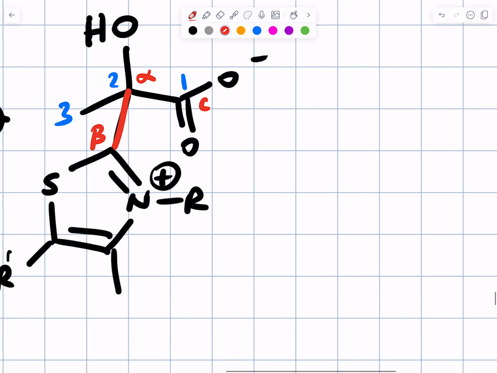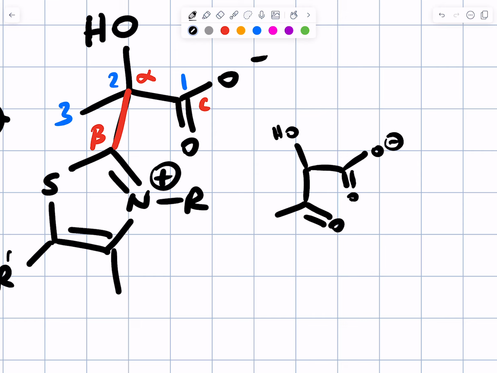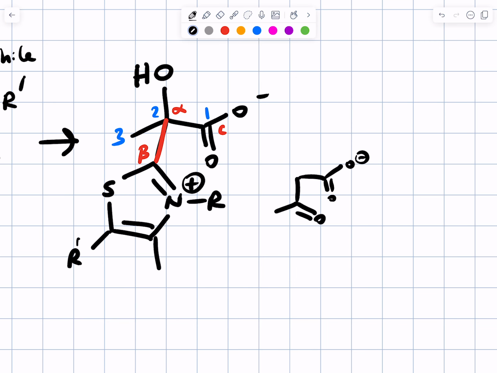Can you see the resemblance between that and, if you relax your eyes a little bit, a beta keto acid? The presence of that TPP group introduces something that looks like a beta keto acid.